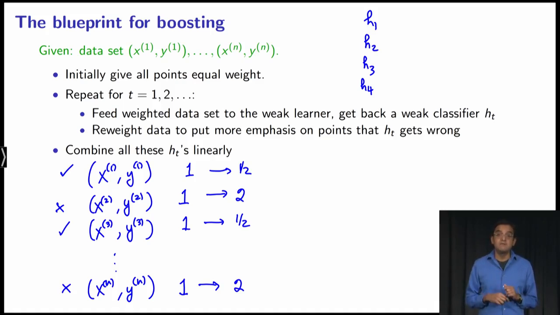We just take a vote of all of them, a majority vote. Actually, we also allow each classifier to have a slightly different weight, alpha 1, alpha 2, alpha 3, alpha 4, where roughly these weights correspond to how good the classifier is. So the final classifier is a weighted majority vote.